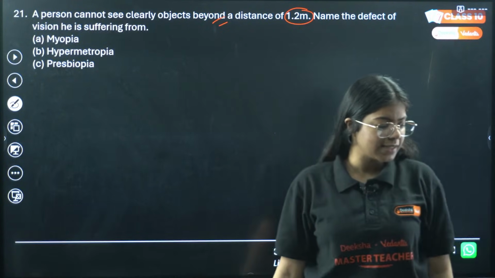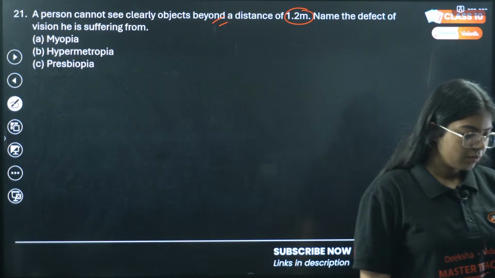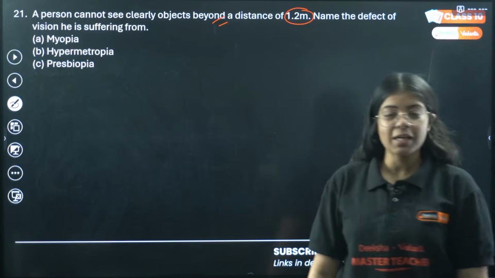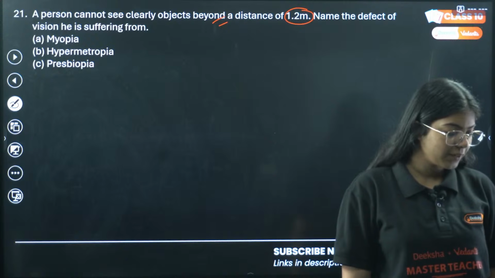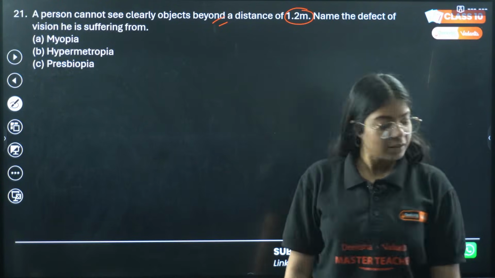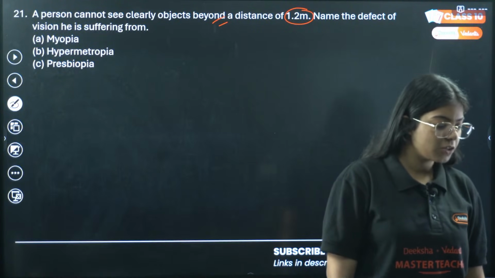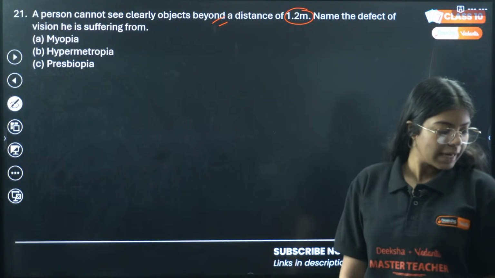Okay, this is very easy. You have 5 seconds. 5, 4. If nobody answers, I'll let you know the answer here only, okay? Okay, there are answers. B, myopia. Verma ji is saying B and Dipanshu is saying A.